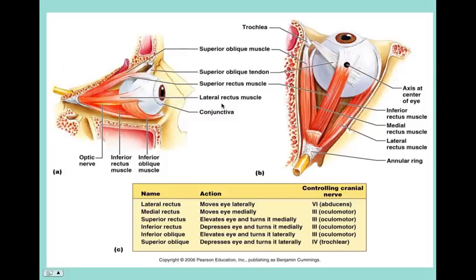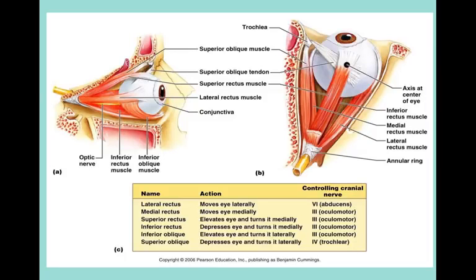So remember, the muscles that control your eye, you have 6 of them. You have 4 recti muscles and 2 oblique muscles. So your lateral, medial, superior, and inferior rectus muscles all move your eyes in the direction that the muscle is named. So your lateral rectus moves your eye laterally, your medial rectus moves your eye medially, your superior rectus moves your eye superiorly, or it elevates it.